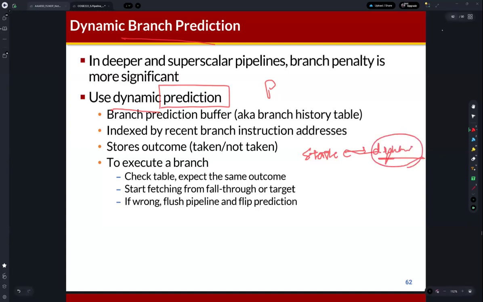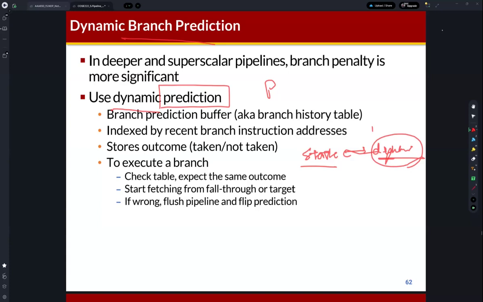Static means the result is already determined before execution, right? The compilers can analyze some behavior of instructions, and the compiler can give some hints to the CPU. This technique is called the static technique. Also, compiler optimization is a static technique.